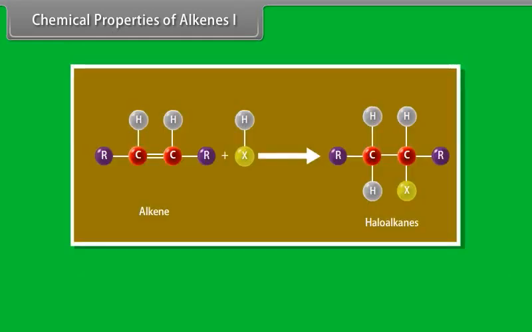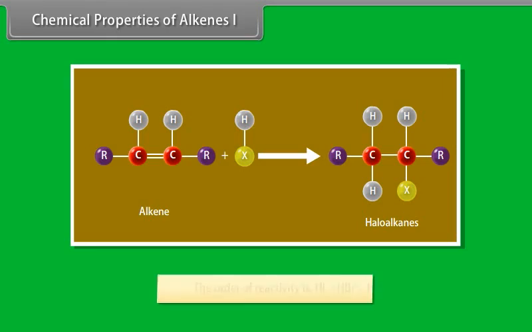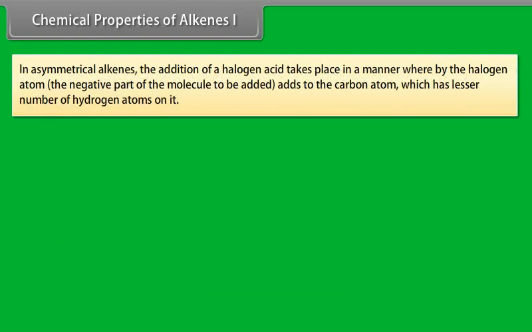Addition of halogen acids. Alkenes with concentrated aqueous solutions of halogen acids give haloalkanes. The order of reactivity is HI is greater than HBr is greater than HCl. In asymmetrical alkenes, the addition of a halogen acid takes place in a manner whereby the halogen atom, the negative part of the molecule to be added, adds to the carbon atom which has a lesser number of hydrogen atoms on it.